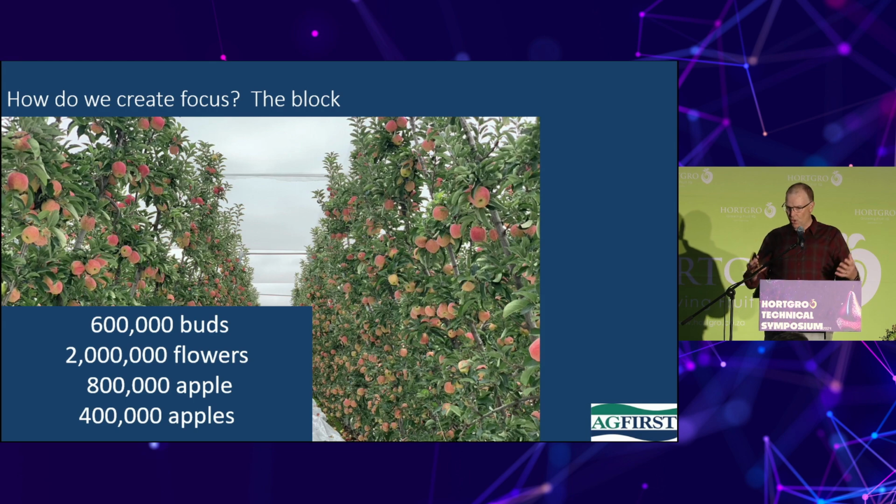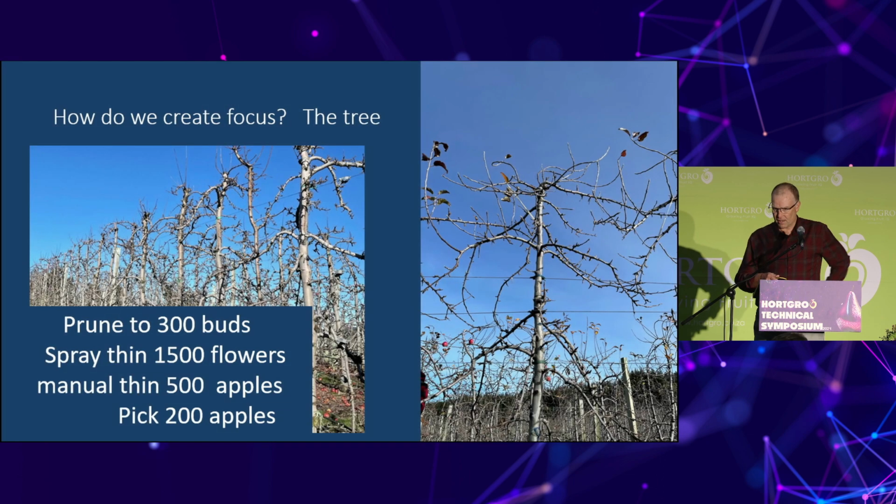So in that process, we start at an orchard level and we have 600,000 buds potentially in the orchard, 2 million flowers, 800,000 apples to manually thin, and 400,000 apples to harvest. At a tree level, how can we create the focus a little bit better? A lot of our metrics, we give people targets on a tree level.